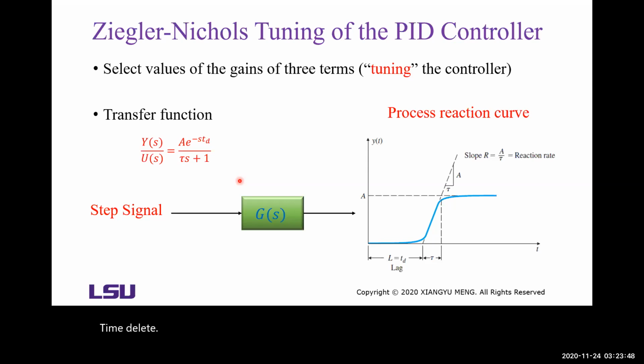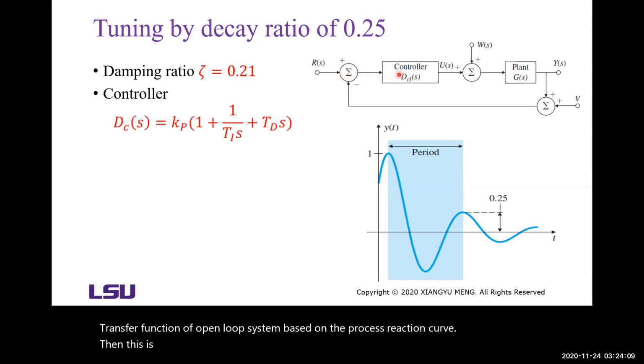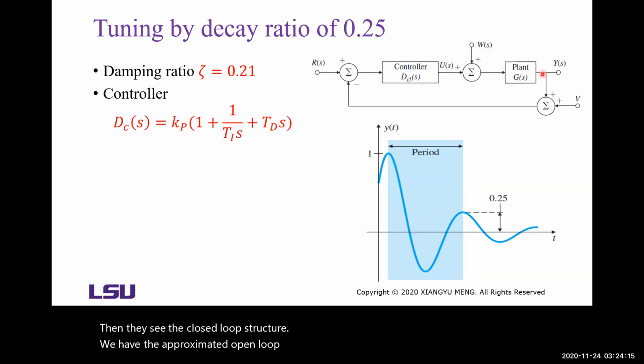Now let's discuss how to choose the PID controller. If we can get the transfer function of the open loop system based on the process reaction curve, then this is the closed loop structure. We have the approximated open loop transfer function. Then how do we design the controller?